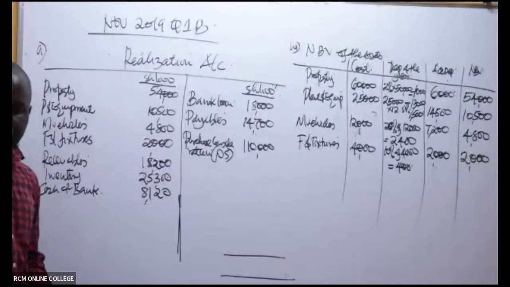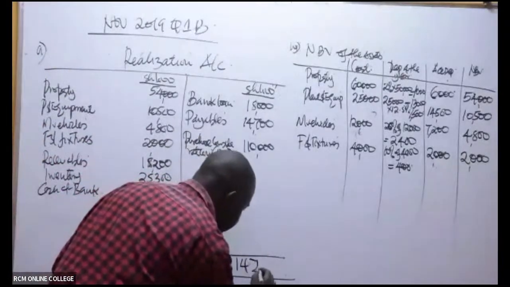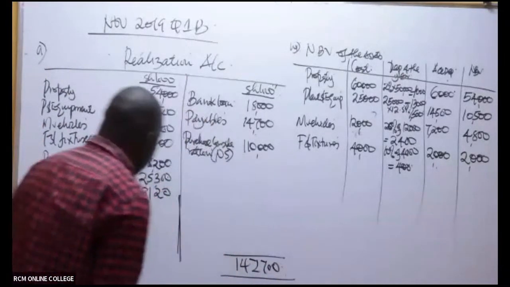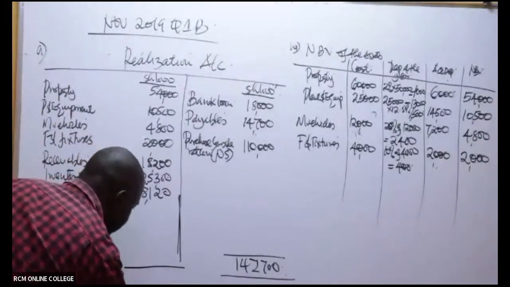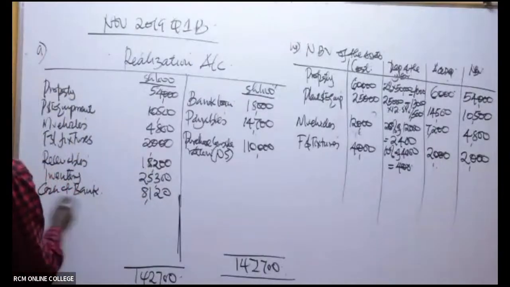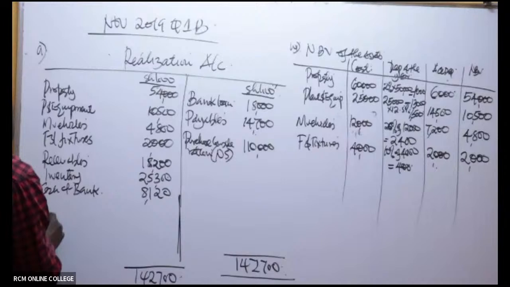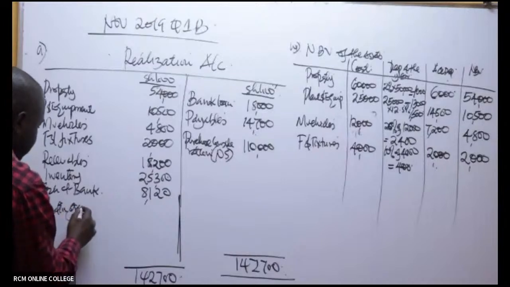So 142,700 seems more realistic. Therefore, this side should also be 142,700, and if the balancing figure is on this side, it will be a realization gain.